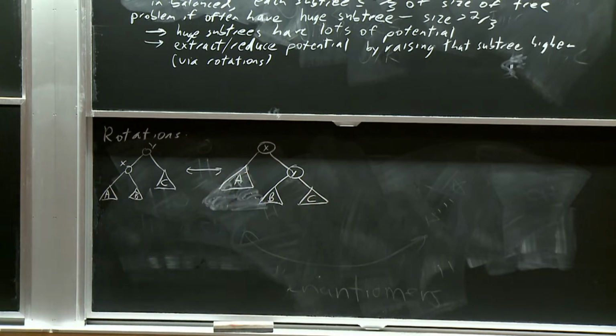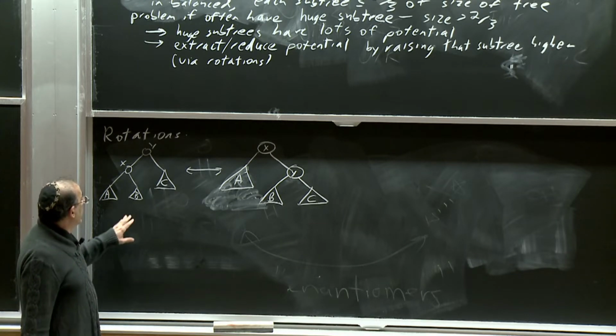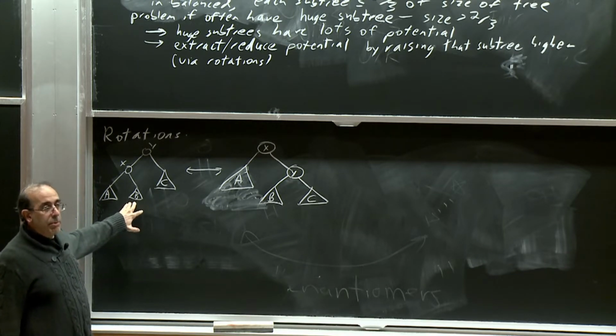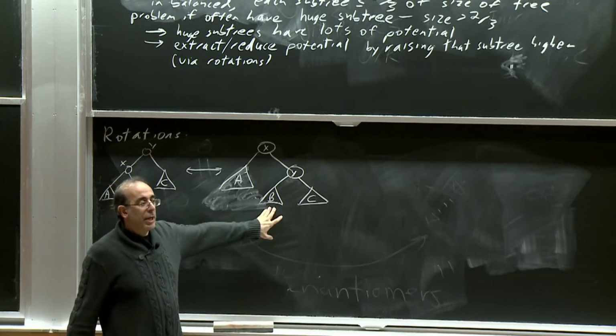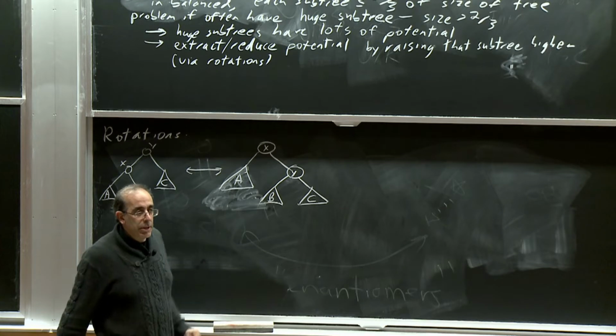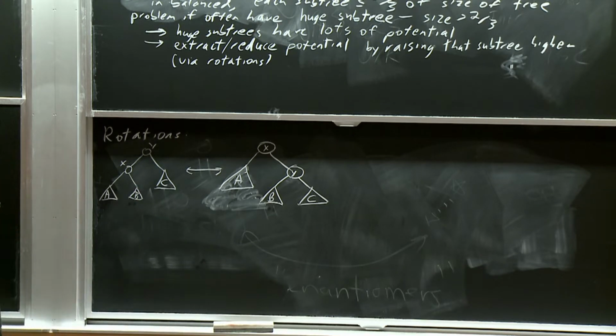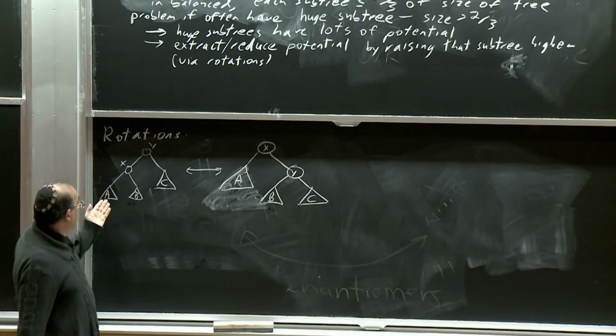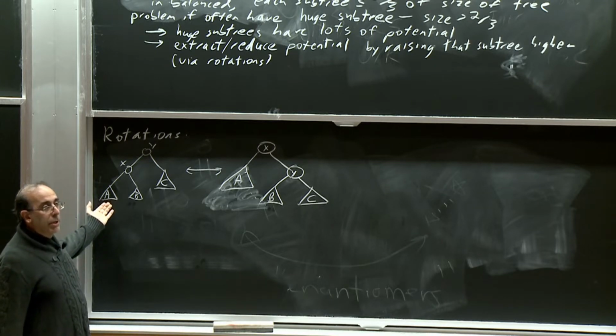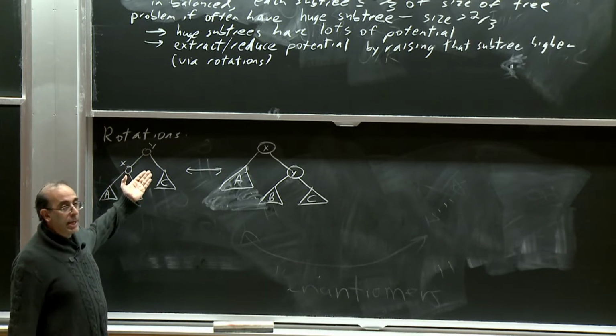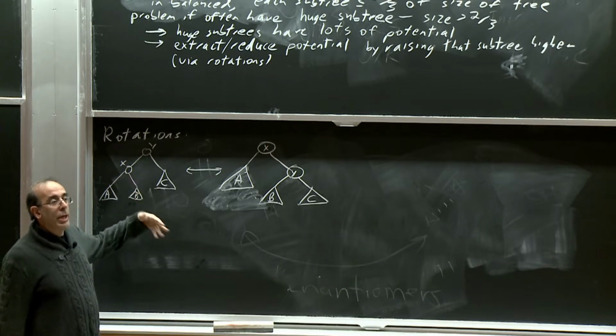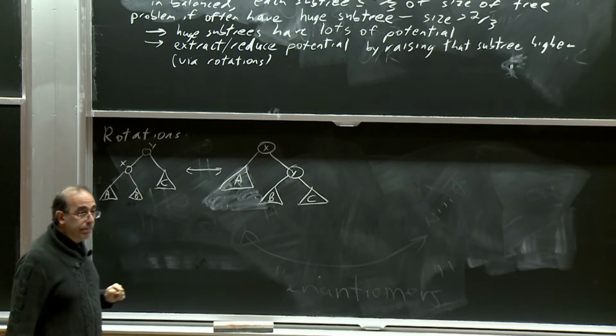Okay, so this is a rotation. And you'll notice that it is order preserving, right? The subtree B is the items that are between x and y. And so when we perform a rotation, B is still the items between x and y. So everything is still in the proper order. But this is a good rotation to do if tree A is huge, because tree A gets higher up in the overall tree and things look more balanced.